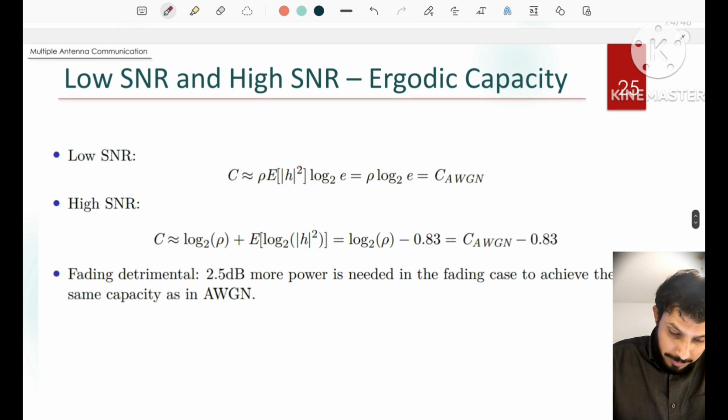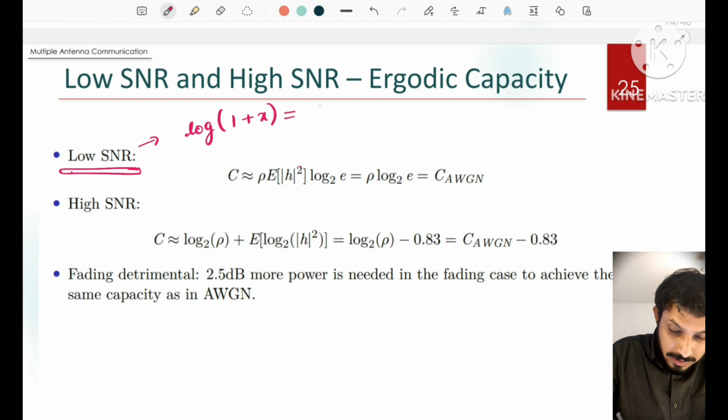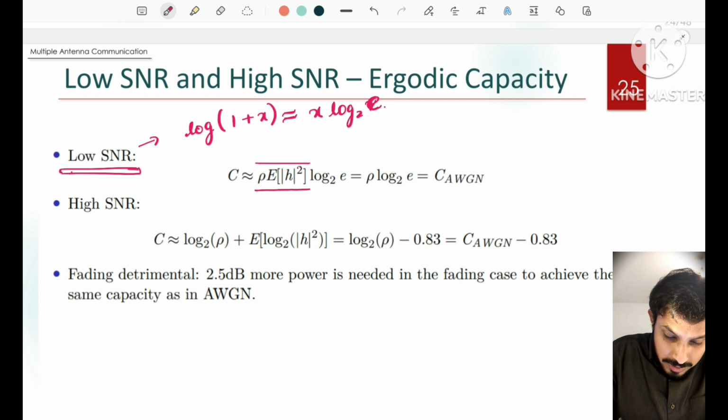So in ergodic capacity, for the case of low SNR scenarios, meaning log of 1 plus x is approximately equal to x log 2 of e, and then we can write rho E of mod h square log 2 of e.